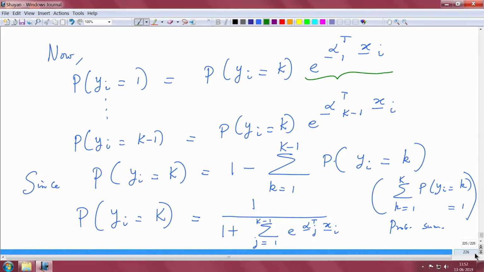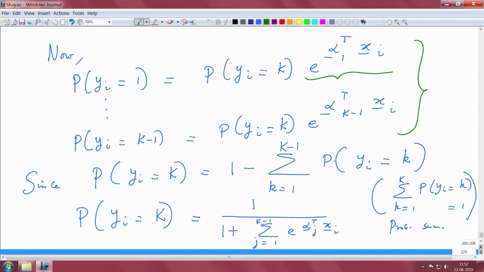And you do this for all the k minus 1 possibilities, you get the set of equations. So you have this pivot sticking here, which is the probability that the outcome is k, scaled by this exponential term that depends upon these regression vectors alpha 1 to alpha k minus 1 and the variable xi that depends on the observation i.